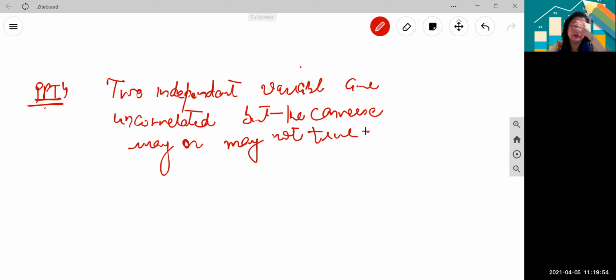If X and Y are independent variables, we know that the covariance between X and Y is equal to 0, right?